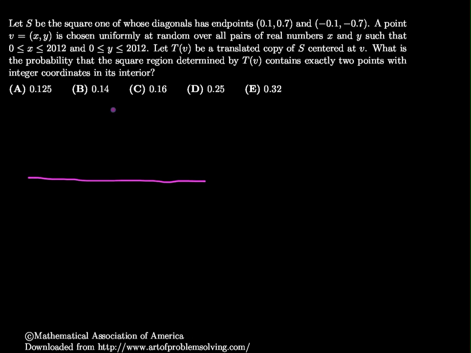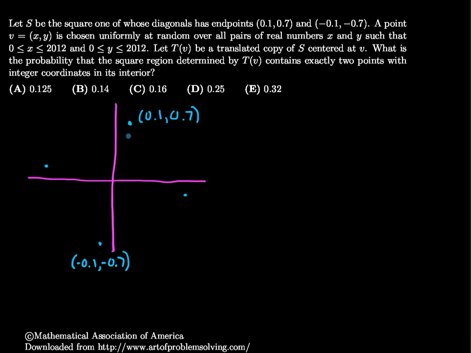So here is a quick diagram of S, not the translated S, but (0.1, 0.7) and (-0.1, -0.7). Okay, and since this is a square, I can determine the other two coordinates.